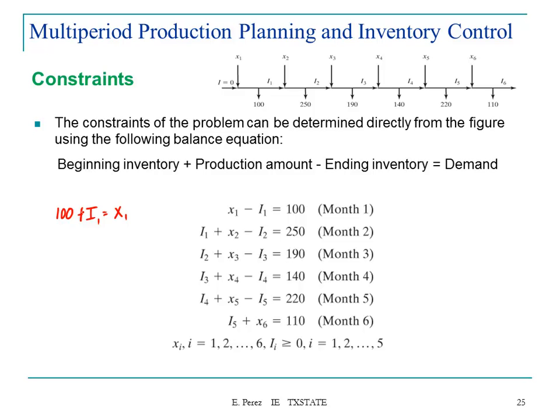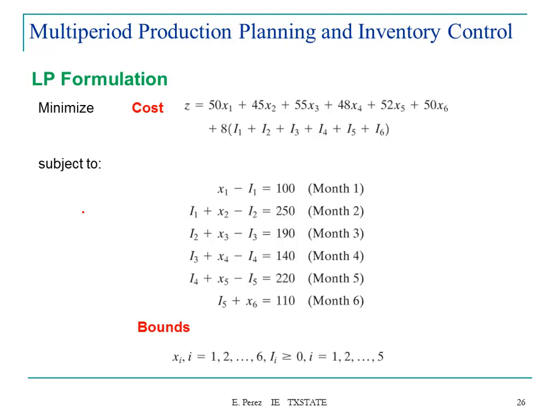So that basically gives you the formulation for the problem. You have your objective function, your decision variables, and your bounds. Any questions at this point? Okay? Those two problems, again, are production planning problems.